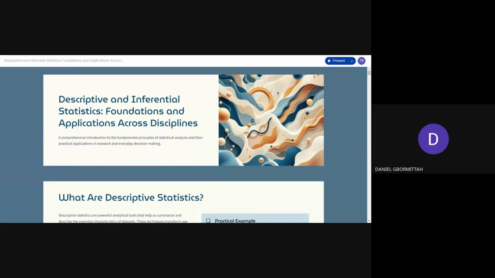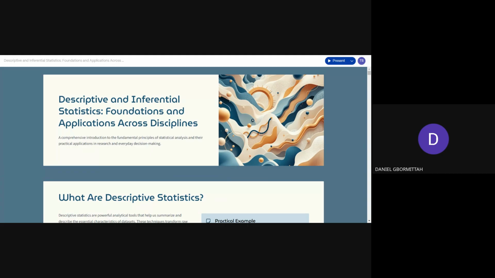Okay, so in talking about the descriptive statistics, we mentioned mean, median, mode, range, standard deviation, and so forth. Out of those statistics, we have the group that we call measures of central tendency.